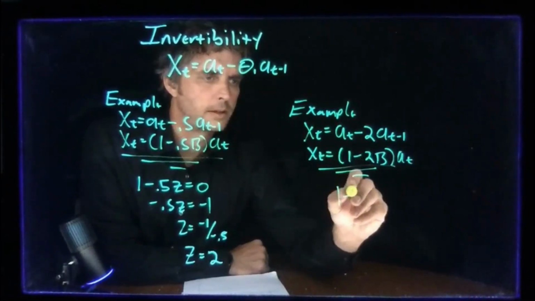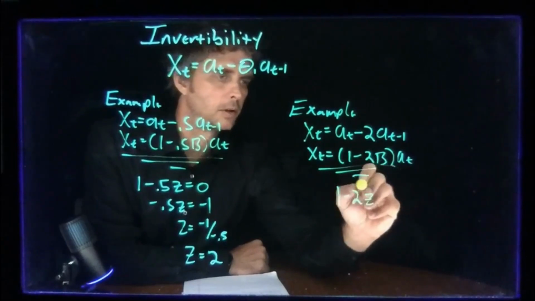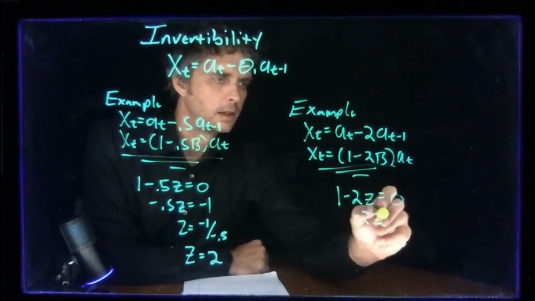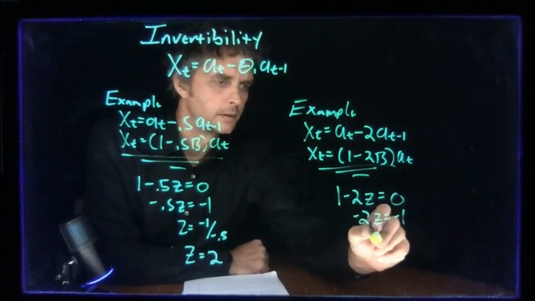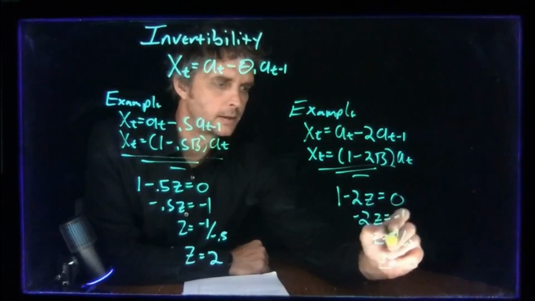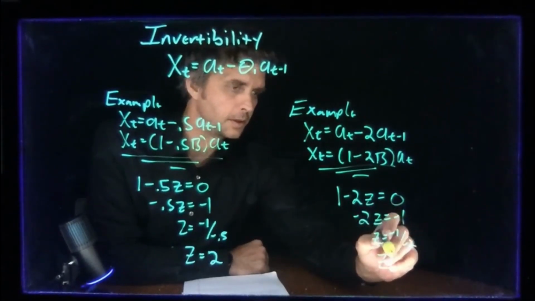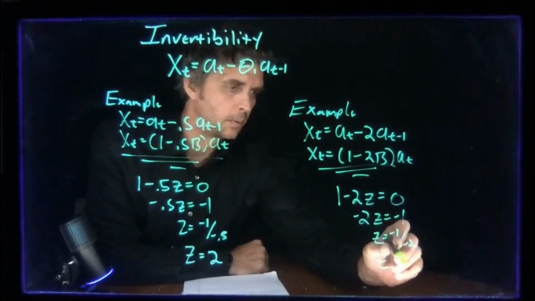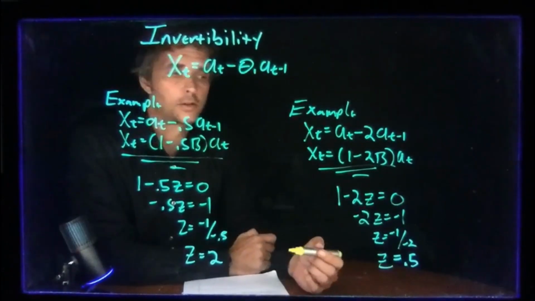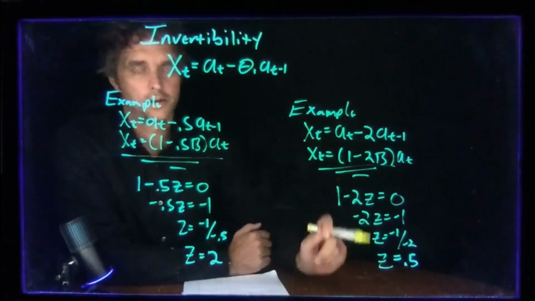This is 1 minus 2z as the characteristic polynomial equals 0. We've got minus 2z equals negative 1, so z equals negative 1 over negative 2. Thus the root, z, is equal to 0.5, which is less than 1 in absolute value, inside the unit circle, and thus this would be a non-invertible model.